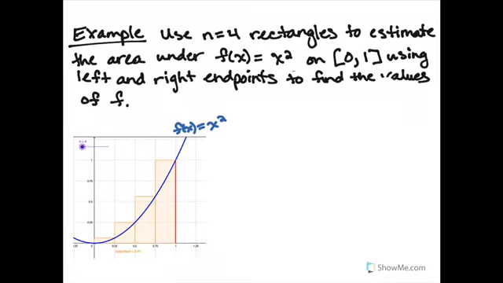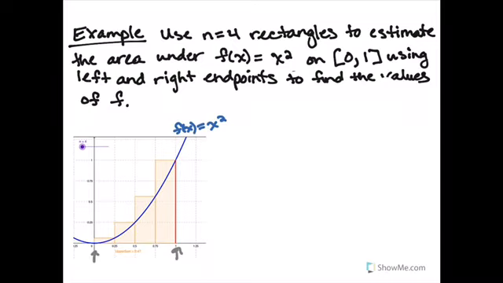Okay, I have a function here, f of x equals x squared, and I'm bounding it between 0 and 1. So from here to here, and I'm going to use 4 rectangles to estimate the area under the curve, above the x-axis, and between 0 and 1. We're going to do this a couple of different ways.